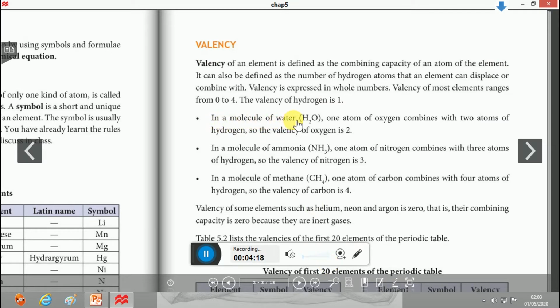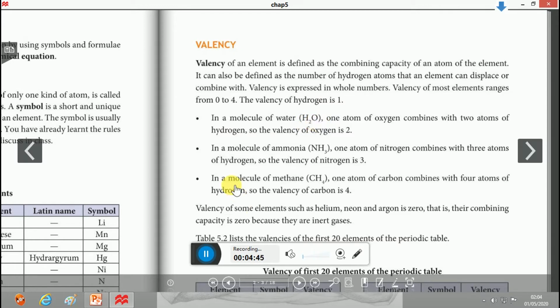For example, we know the formula of water is H2O. In a molecule of water, H2O, one atom of oxygen is combined with two atoms of hydrogen. So the valency of oxygen is 2, because one oxygen atom is combined with two hydrogen atoms.